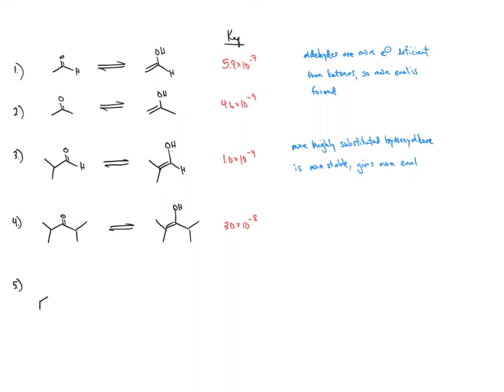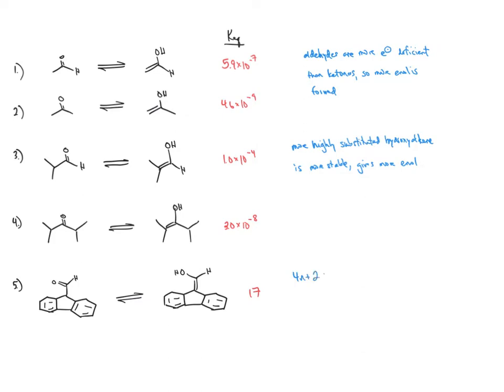aromaticity, and so let's draw a different compound. Let's draw this one. Okay, and the KEQ here, if we draw the enol form for this, the KEQ here is 17. And the reason for this is that you've got a sort of quasi-aromatic system.